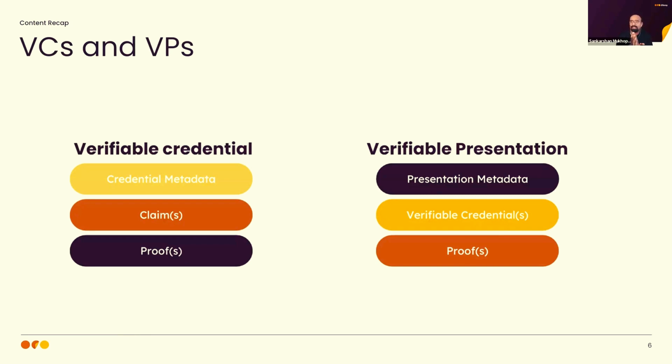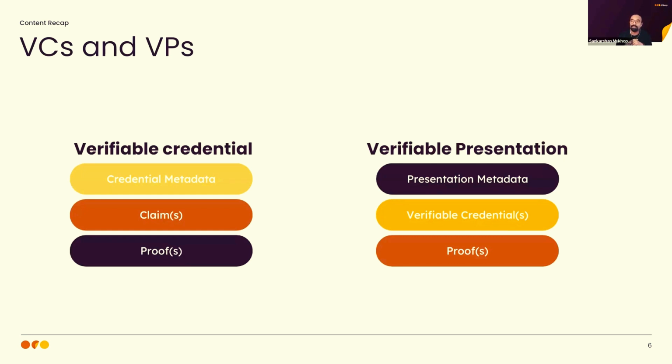The credential metadata could be about the fact of when this credential was issued and other stuff around the proofs and all of that. That in a nutshell is a verifiable credential. It's very simple to understand. It uses concepts that we are already familiar with in our everyday life. And essentially, this entire payload is cryptographically signed to make it secure and to have proof of authorship as well.